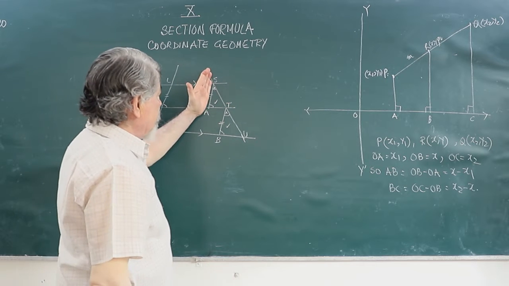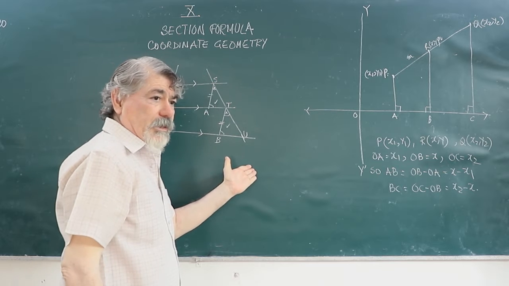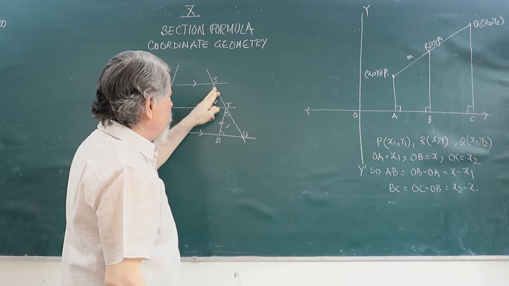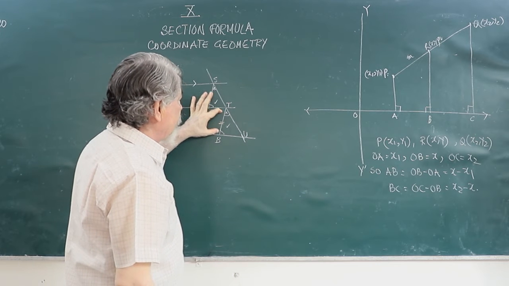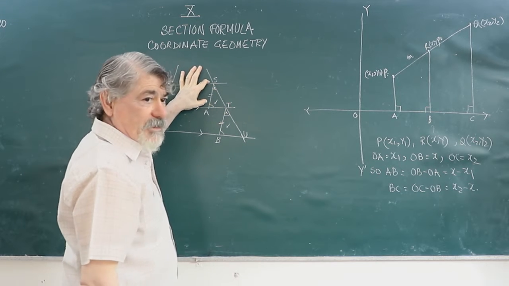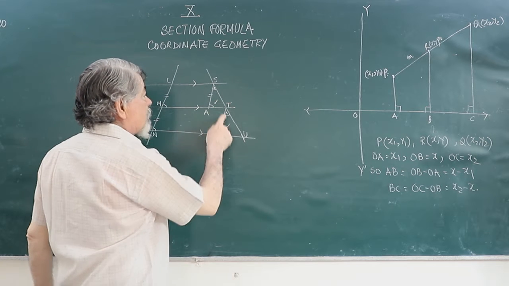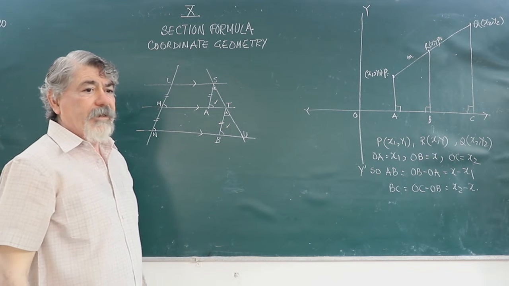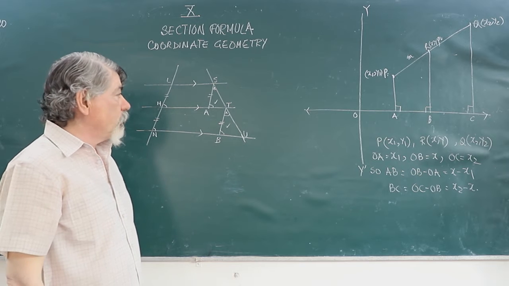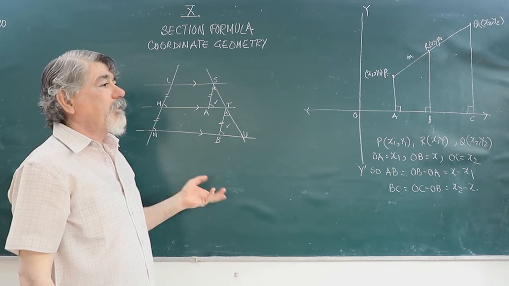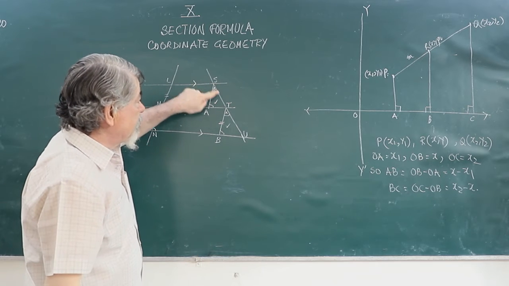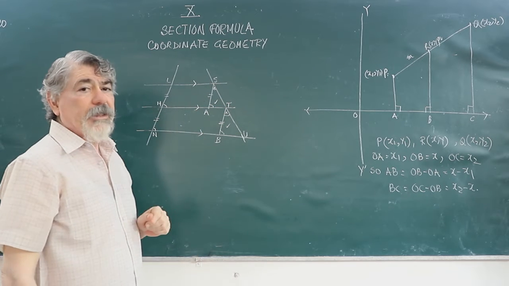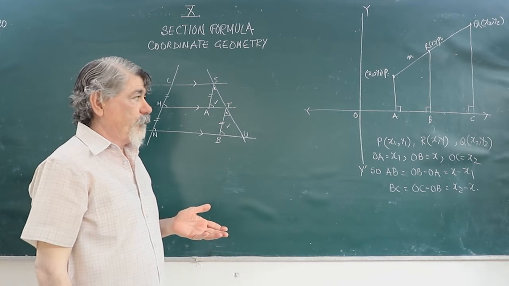Why? Because these are two parallel lines and a transversal cuts them, so these are corresponding angles. So two angles and one side of this triangle are equal to two angles and one side of this triangle. So the triangles are congruent, and then their corresponding sides will be equal. That means ST will be equal to TU, and that is exactly what we had to prove.